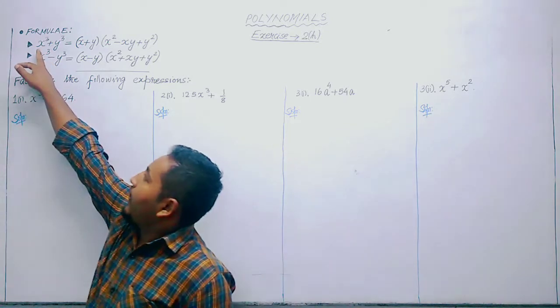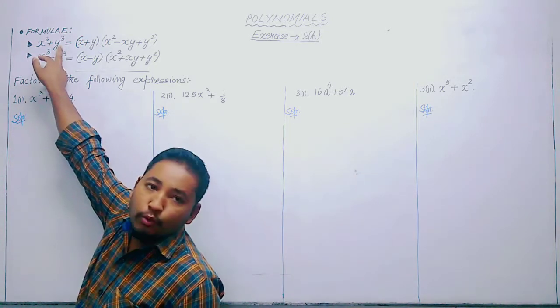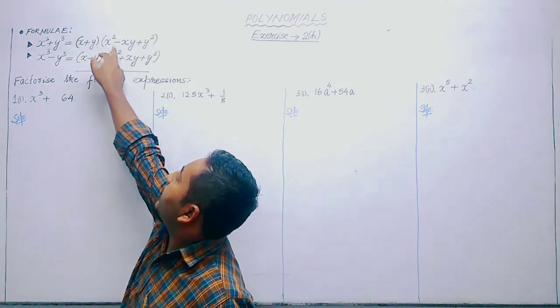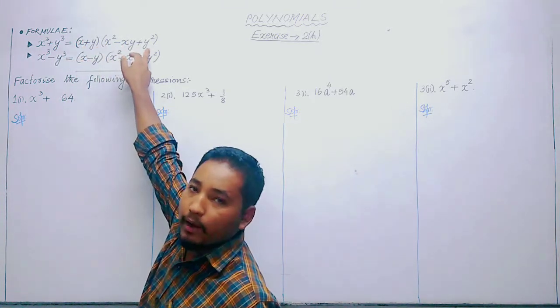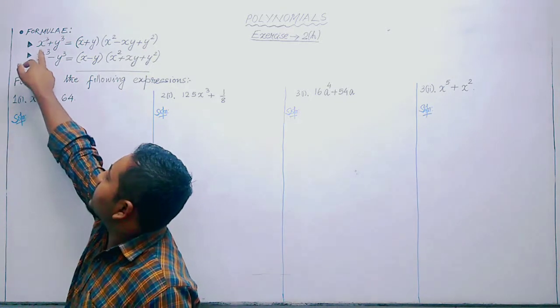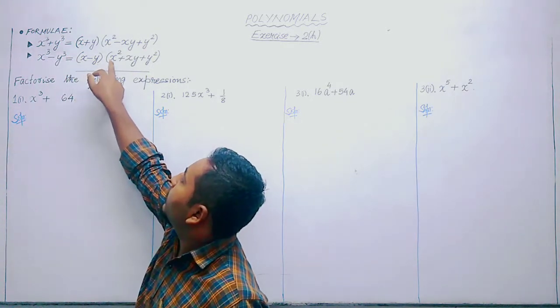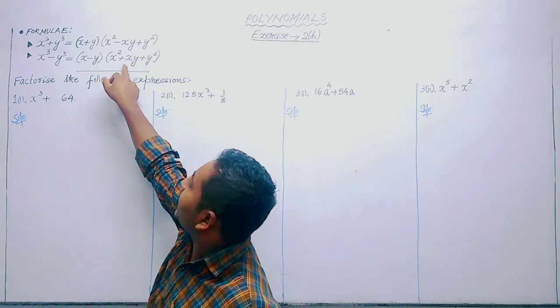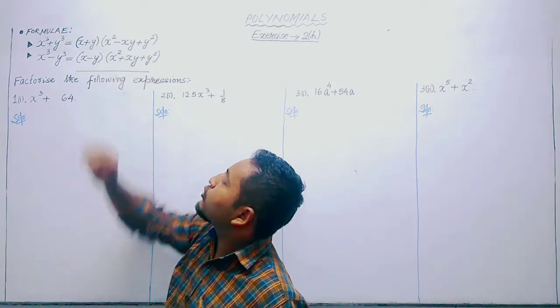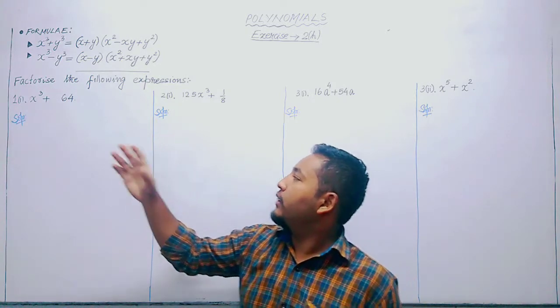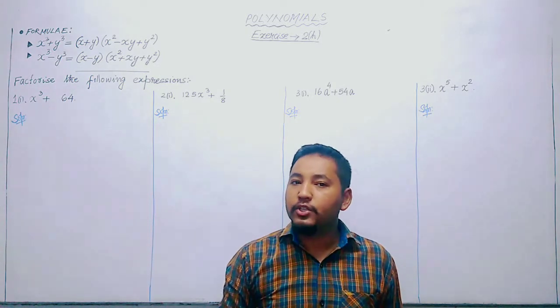They are x cube plus y cube, which is equal to x plus y, x square minus xy plus y square. And another one, x cube minus y cube, which is x minus y into x square plus xy plus y square. Using these two identities, we will be solving the following algebraic expressions.